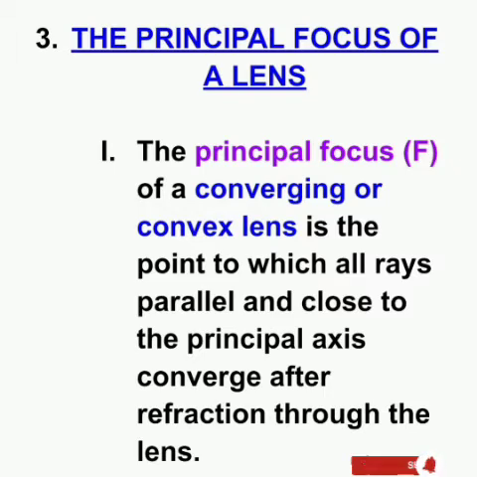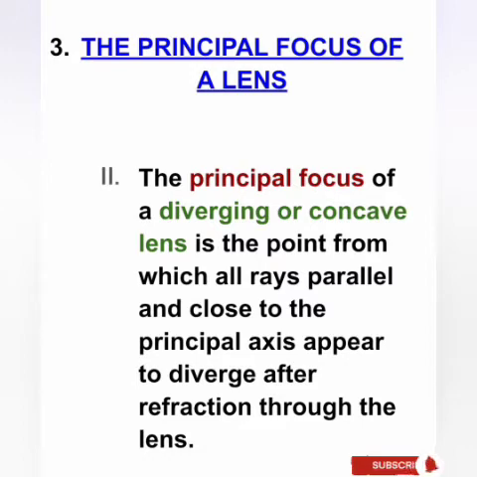The principal focus of a diverging or concave lens is the point from which all rays which are close and parallel to the principal axis will appear to diverge after the rays have been refracted through the lens. So for a diverging lens, the rays do not actually converge, they appear to diverge.